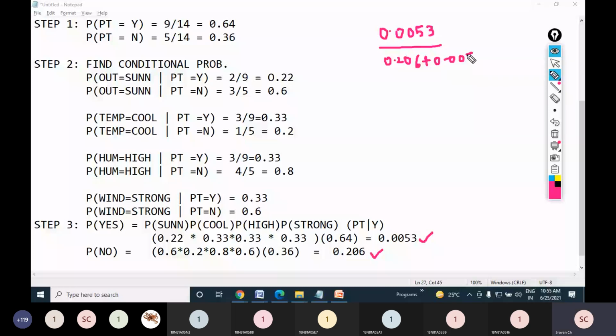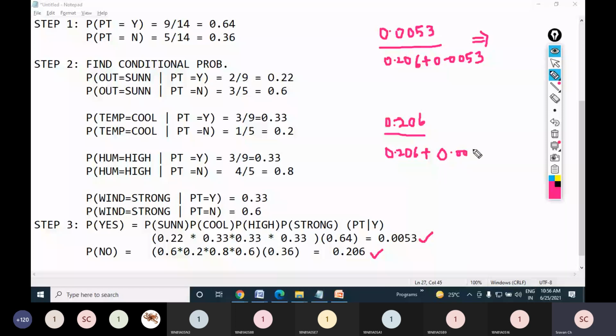Now one more calculation I should do. 0.206 I'll put in the numerator, and the sum 0.206 plus 0.0053 in the denominator as usual.